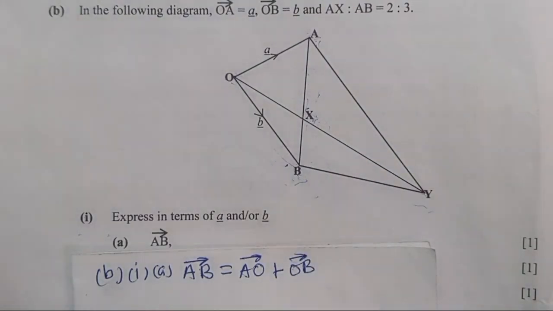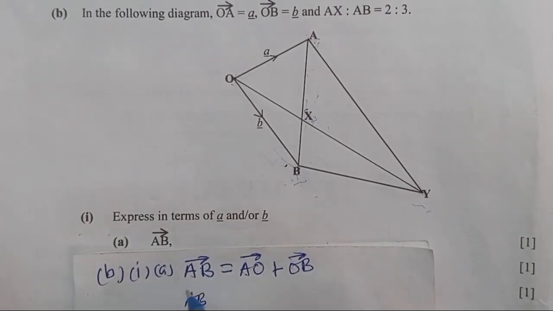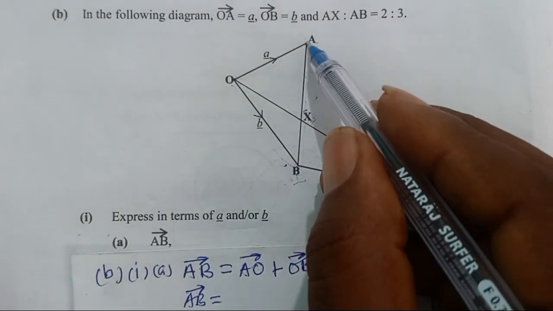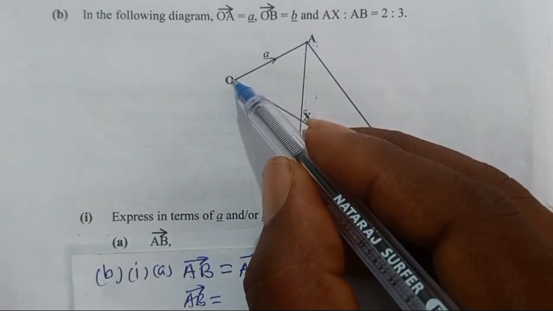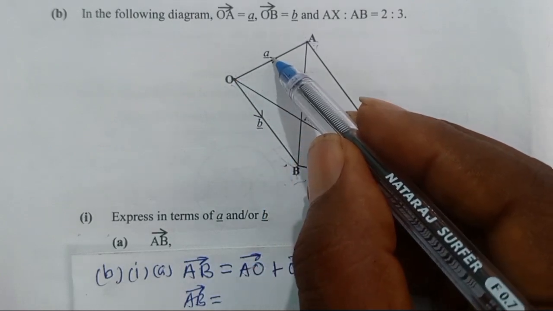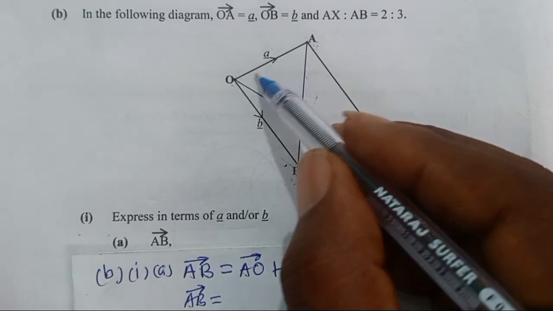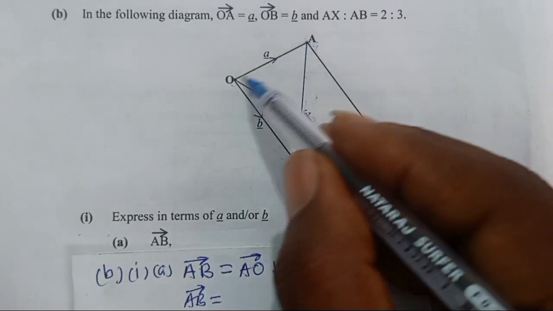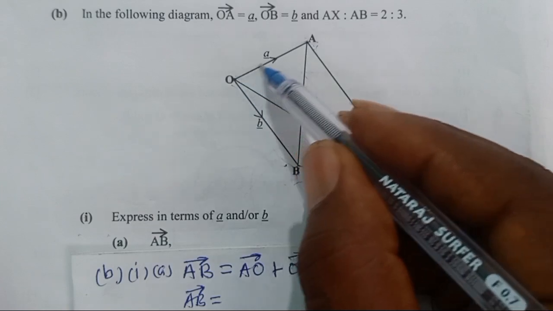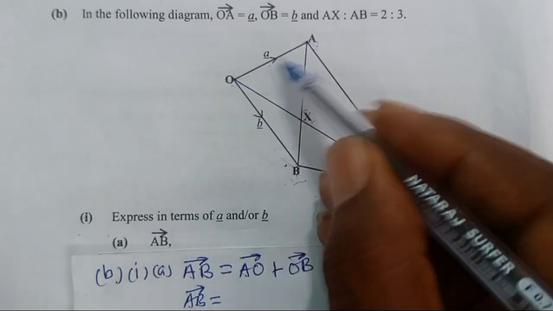So vector AB is equal to vector AO, it is going to be negative. The reason is very simple: it is because we are going against the direction of the vector. How do we know that we are going against the direction? This arrow shows the direction of a vector. So now we are going AO against.